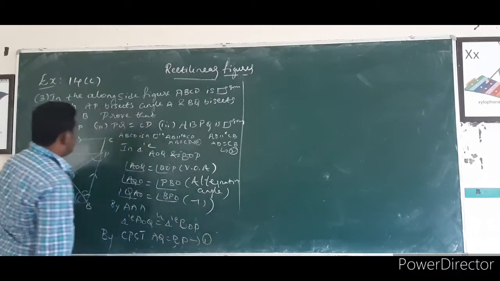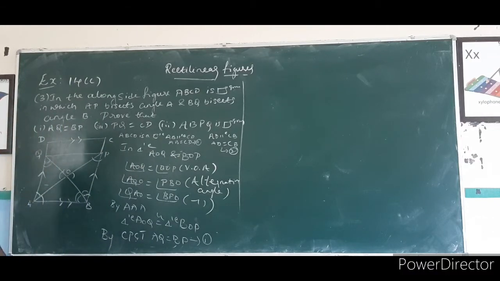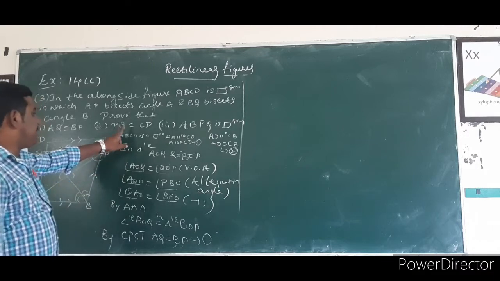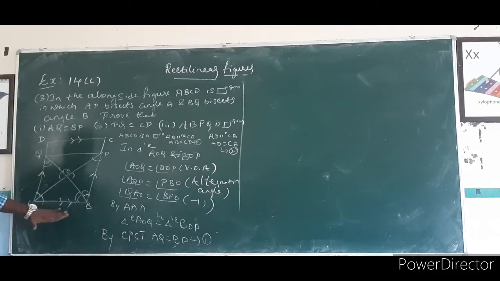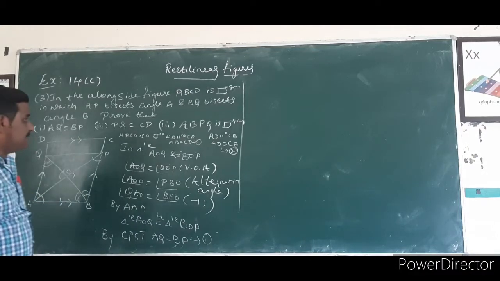This is equation number 1. Next, what we have to prove? Second one, PQ is equal to CD. We want to prove that. Before that, you have to consider these two triangles.